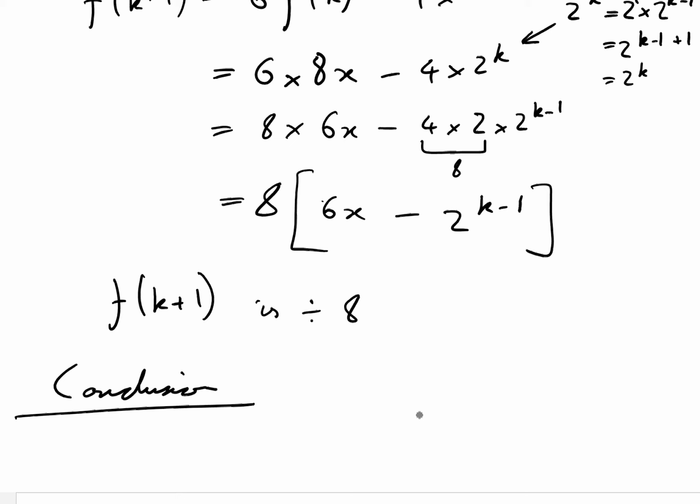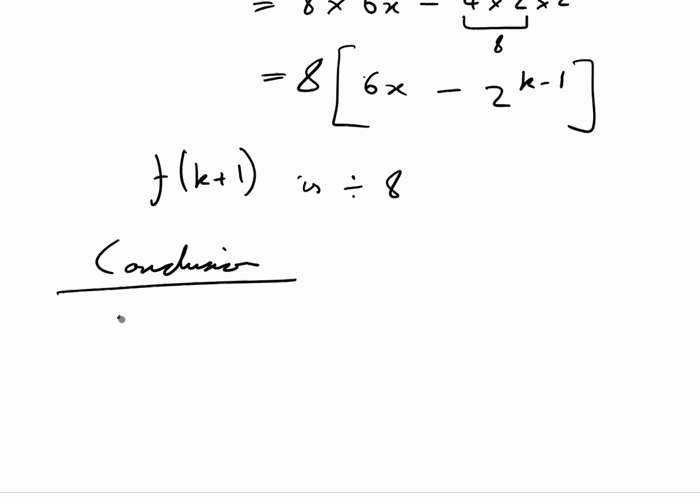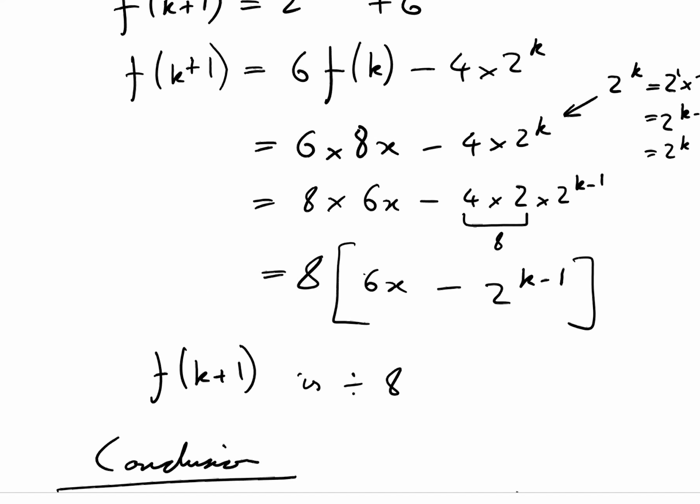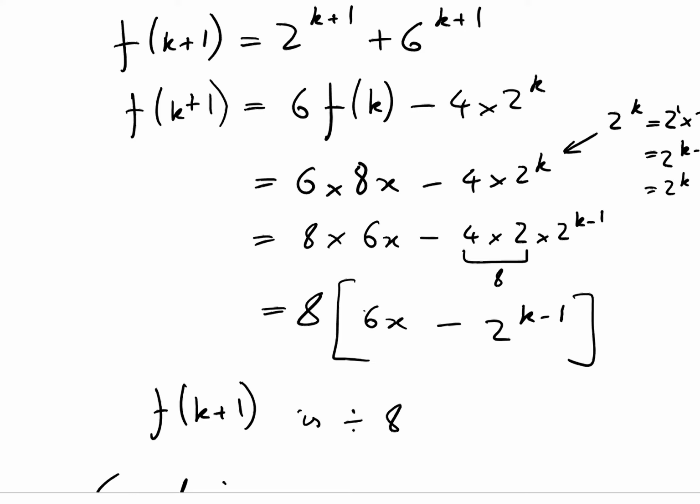And that is just as simple as saying f of k plus 1 is true, or is divisible by 8, if f of k is true. Because we've basically assumed, we've used the fact that f of k is divisible by 8 to show that f of k plus 1 is divisible by 8.